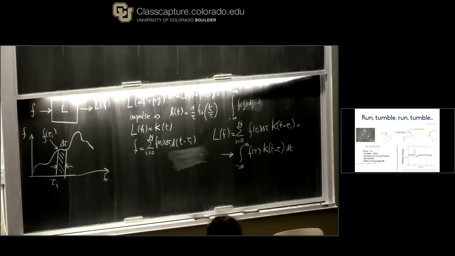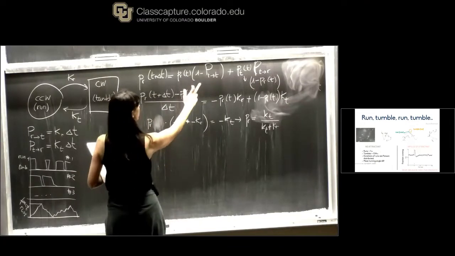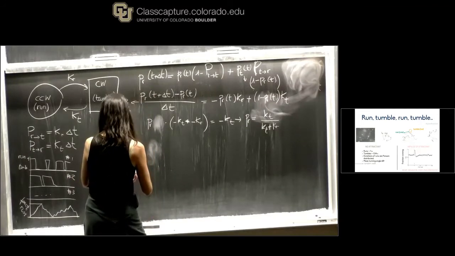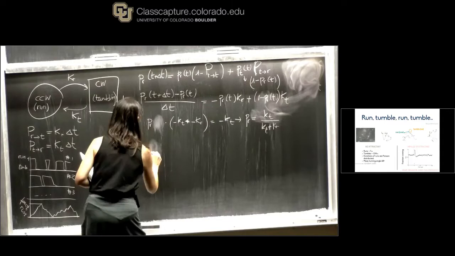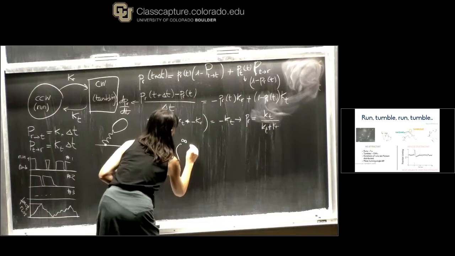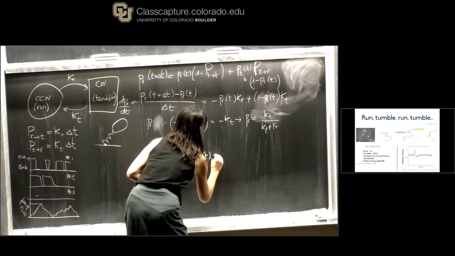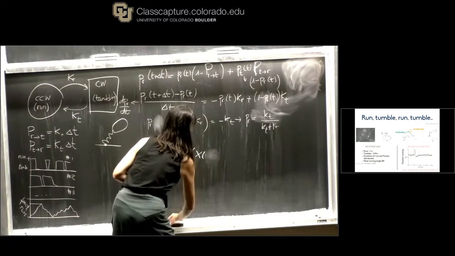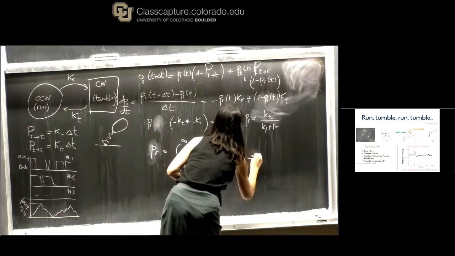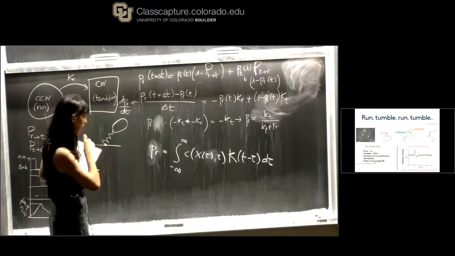So you could say, for example, that what's linear in chemotaxis is the modification of this. I'm going to write it for PR. What did I write here?